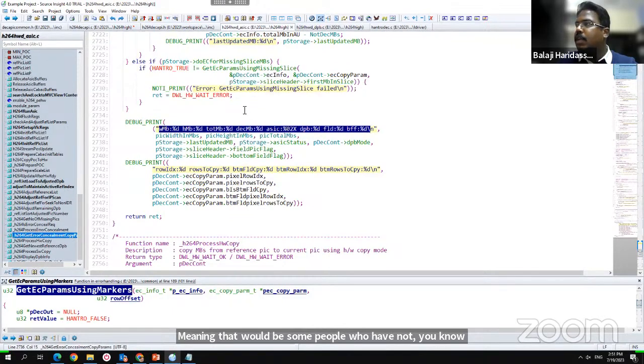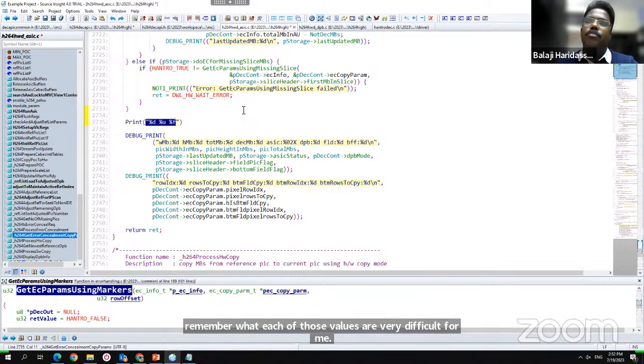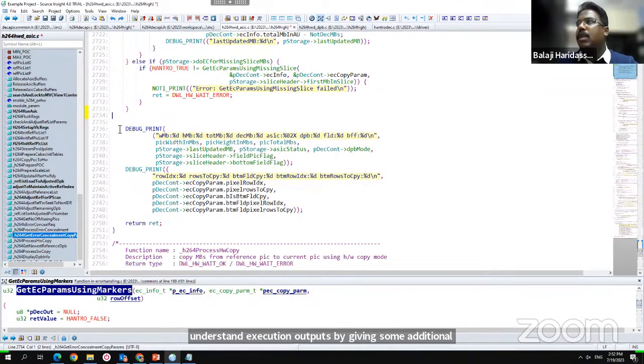There is no confusion. You will see most people printing like this: %D, %U, %F. I cannot remember what each of those values is. It is very difficult for me. So please help the person who is debugging or trying to understand execution outputs by giving some additional labels to them. So these are some of the guidelines that you can bring in.